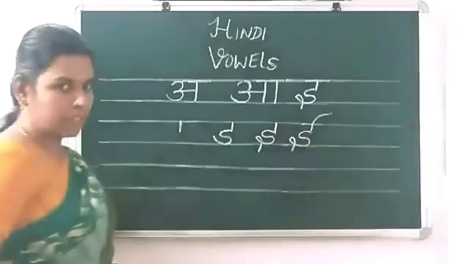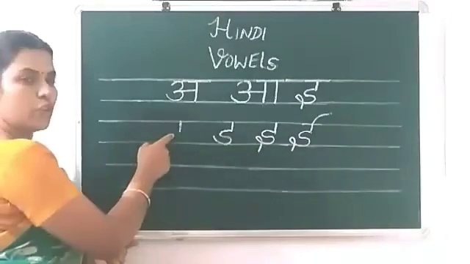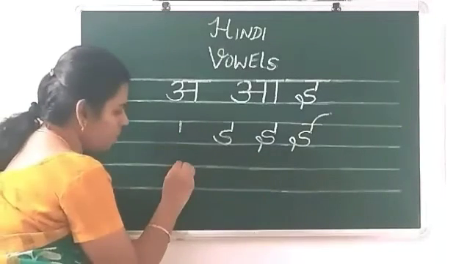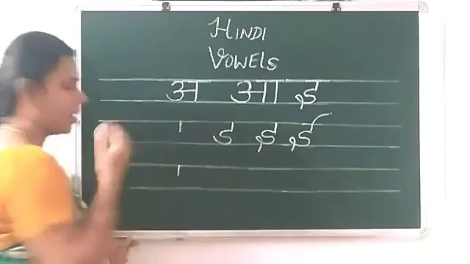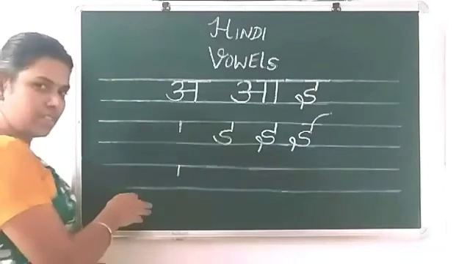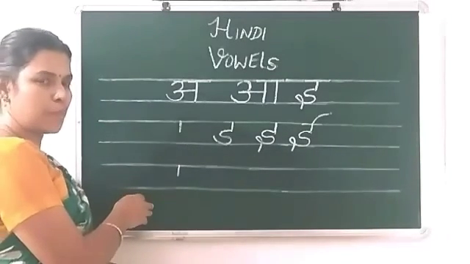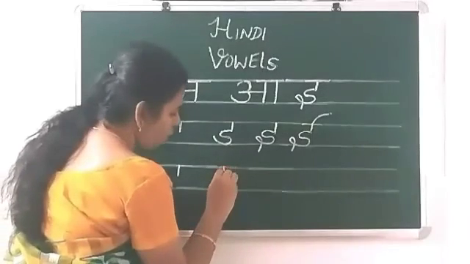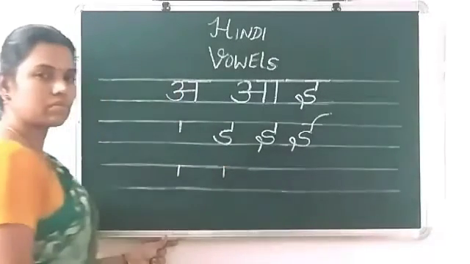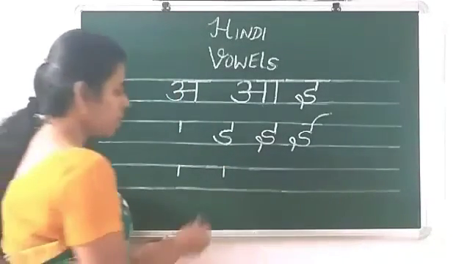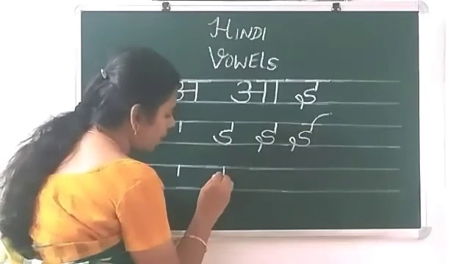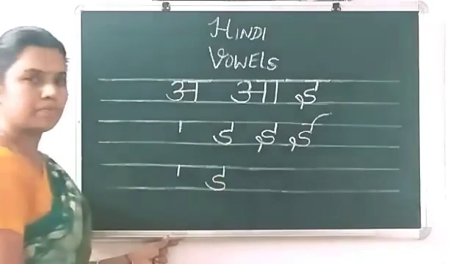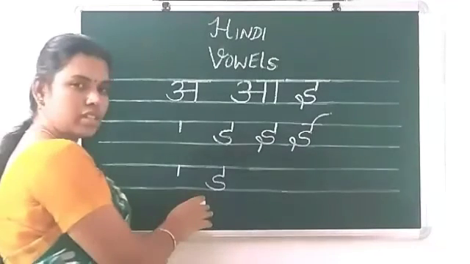Okay. I will repeat it again. First step, you draw a small standing line. Have you finished, children? Shall we go to the next step? Okay. First step, you draw a small standing line. And second step, then connected to that, write the English letter S. Have you finished, children?